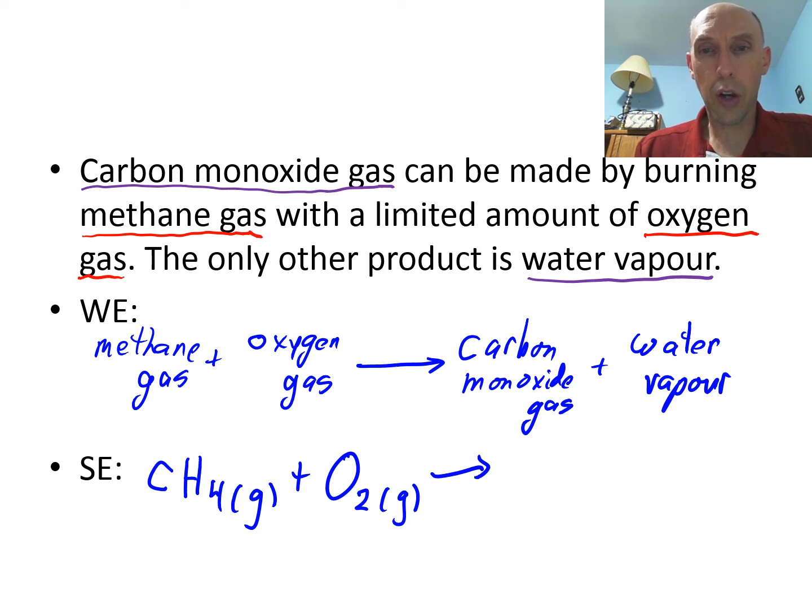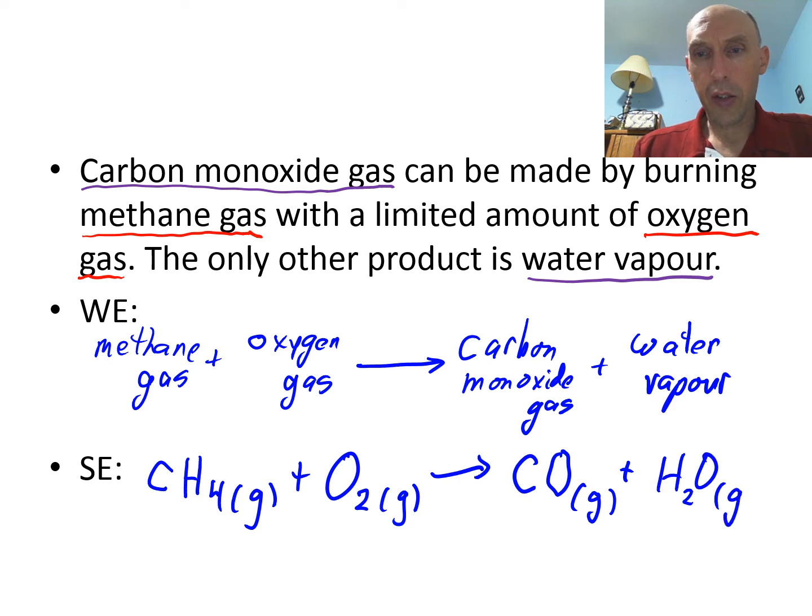No prefix on the carbon, so it's just C. The prefix mono means just one, so it's CO, gas. Plus water, a common substance, H2O, and vapor means gas. Again, if you need to pause the video, this is where you do it. And going on to the next slide.